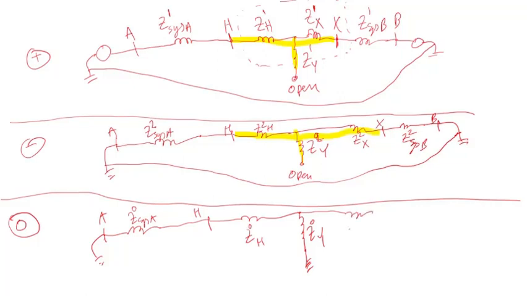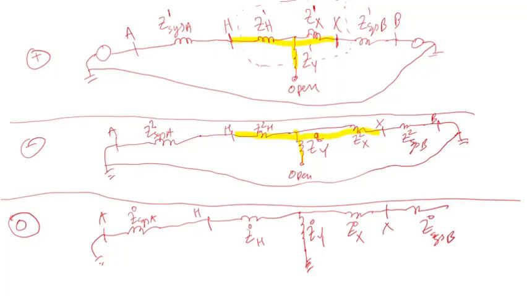Then you have Z0X. So you have the X terminal here. Then you have Z0 system B. System means the equivalent impedance of the system.